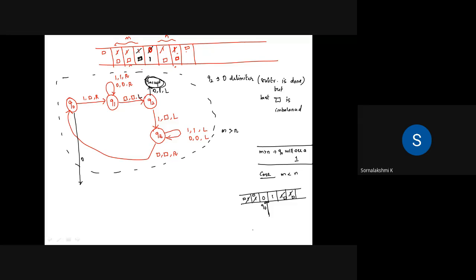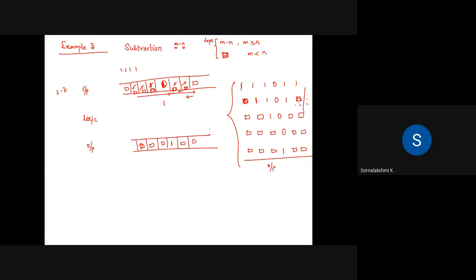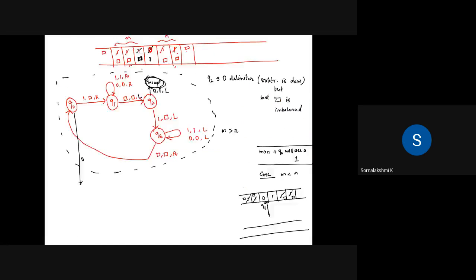What should be the output? You need not have anything. When m is less than n, the operation is invalid. If you have seen in the previous slide, the whole thing should be blank. I have a 0, I have a 1, then I have 2 blanks. I have found that the imbalancing 1 is here, but Q naught is seeing a 0. That means m is less than n. So I should make everything blanks.